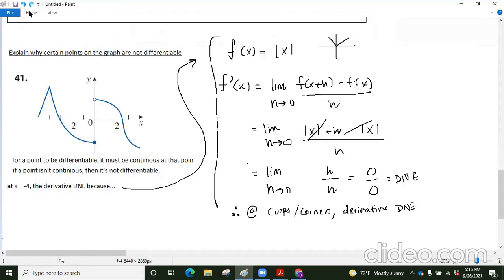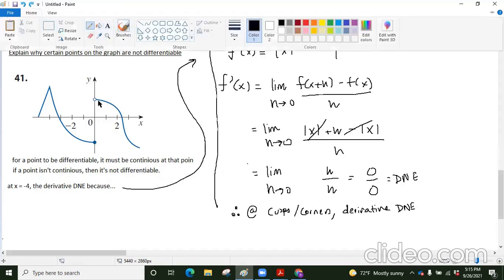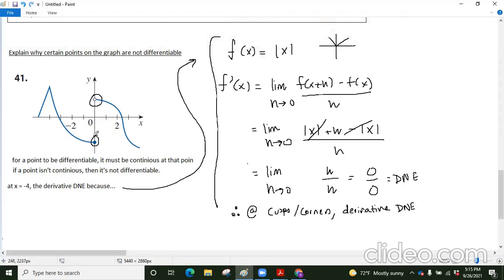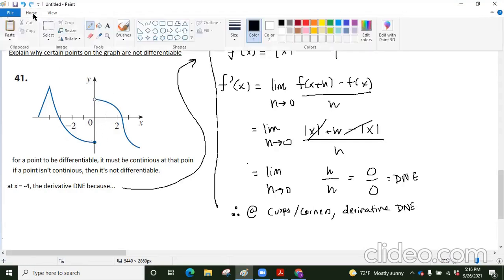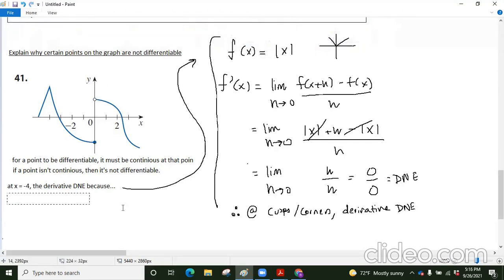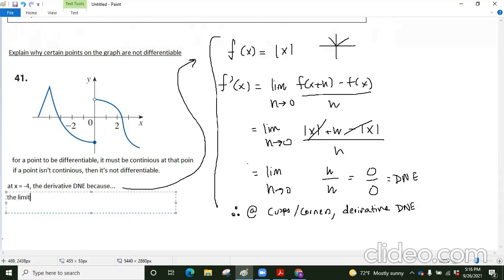And that's true because it's not continuous at 0. And you can essentially say that the limit as x approaches 0 from the left does not equal the limit as x approaches 0 from the right.